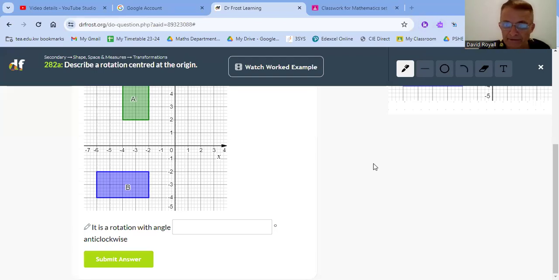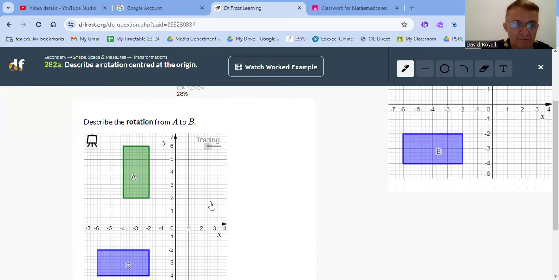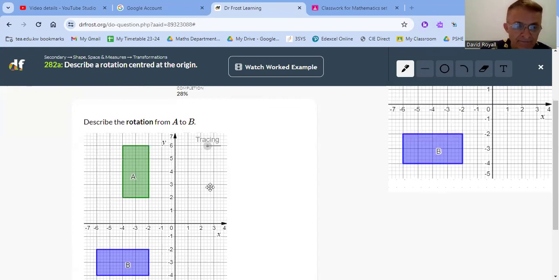Okay, I've reappeared. Right, there you are. Right, okay, describe the rotation from A to B. How do we get from there to there? Right, we went 90. Oh, this is making me dizzy. 180, the other end, and now we've gone 270 clockwise.